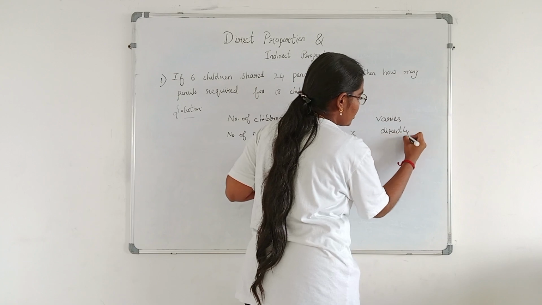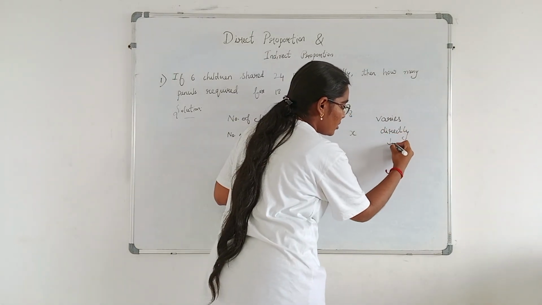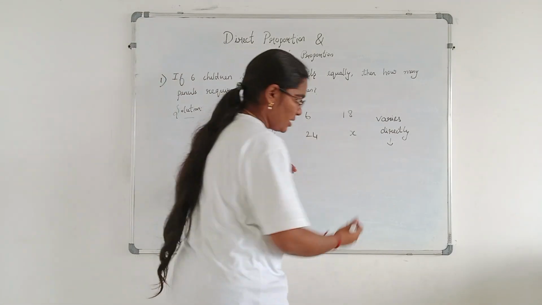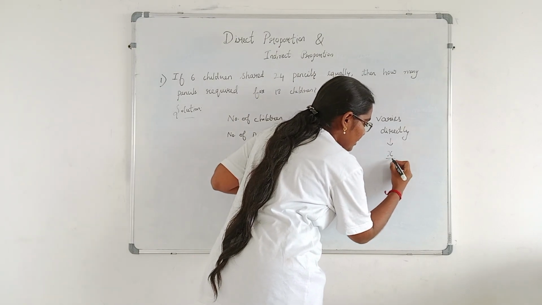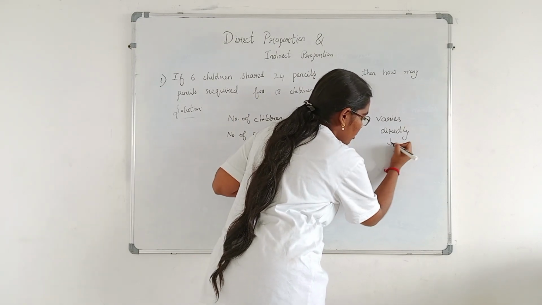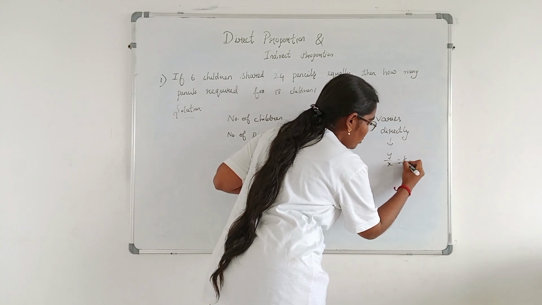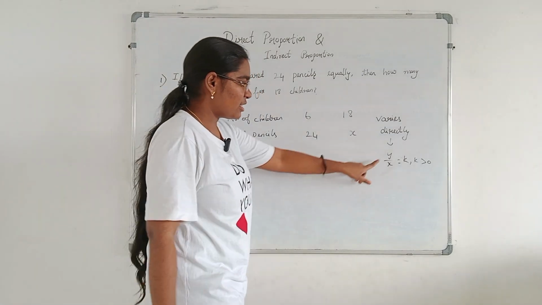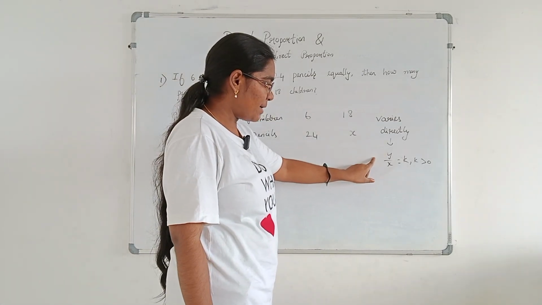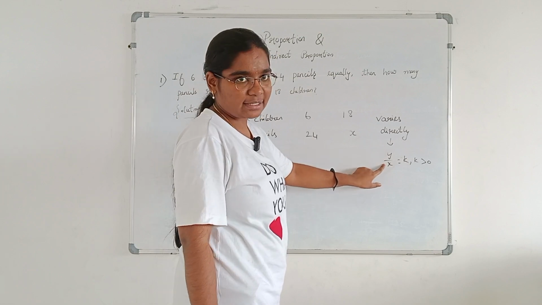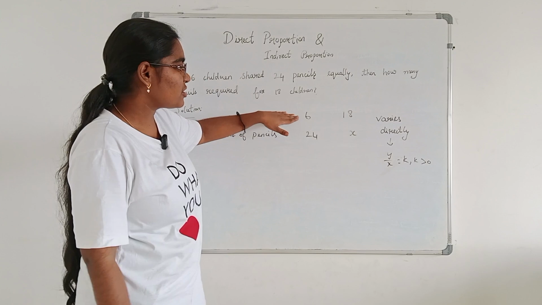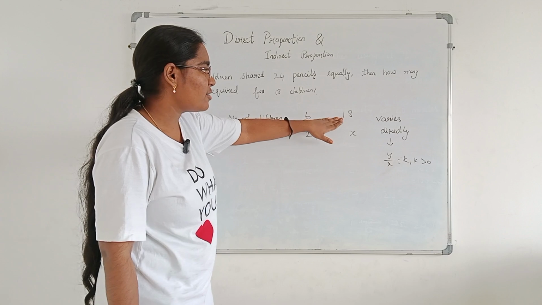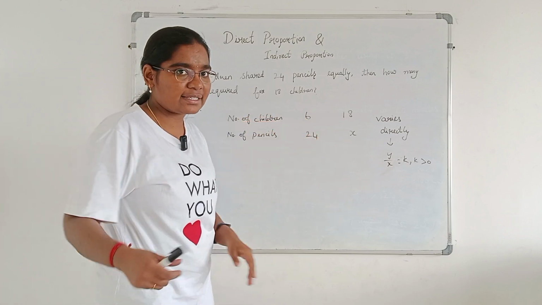As in the definition, if the quantities vary directly, that is, they are in direct proportion, then mathematically it will be represented as y by x equal to k, where k is greater than 0. That means y depends on x.